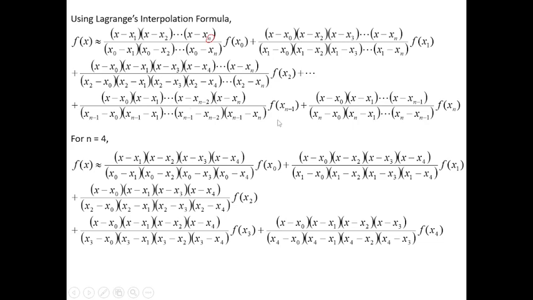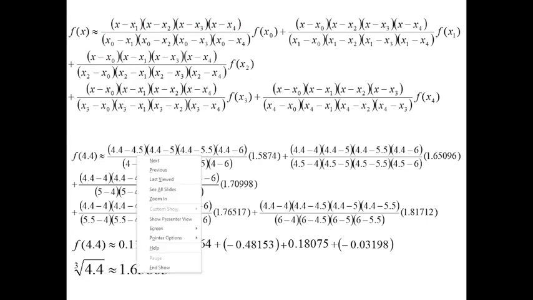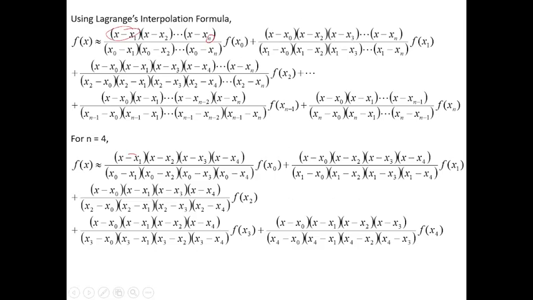So we have x minus x sub 1, followed by x minus x sub 2, until we reach x minus x sub n, until we reach x minus x sub 4.